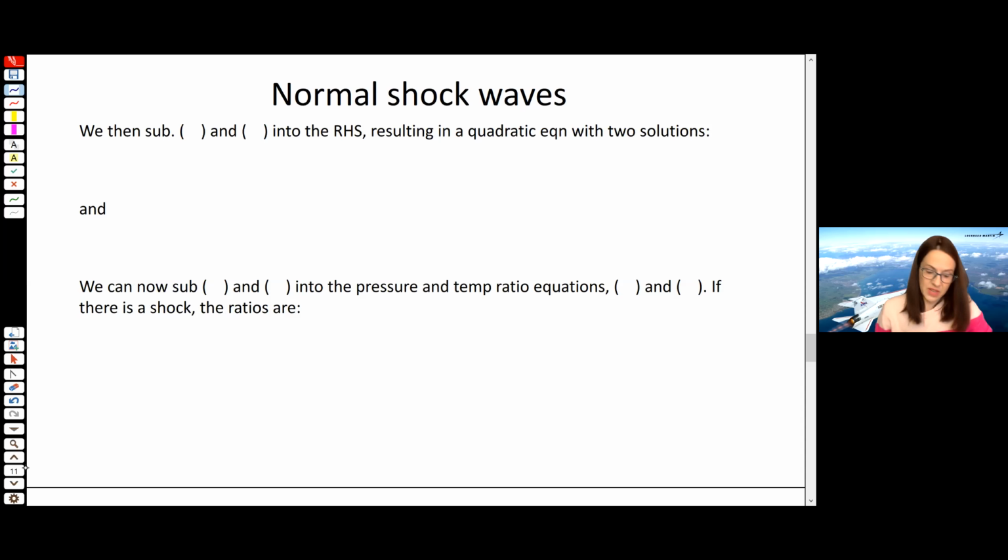We then sub 58 into 61 into the right-hand side, and we get a quadratic equation.